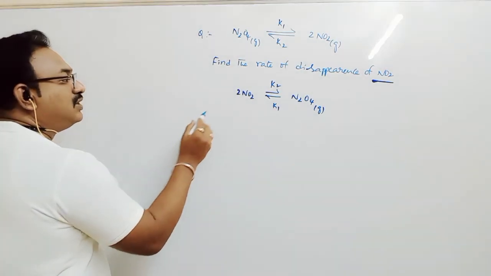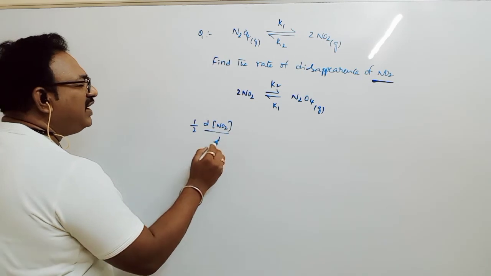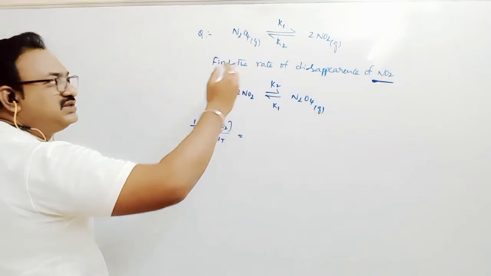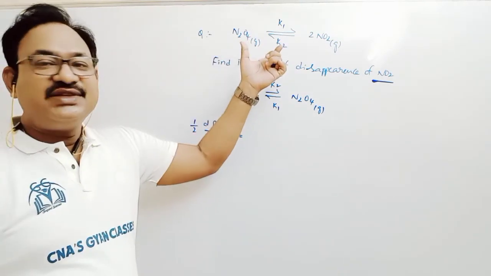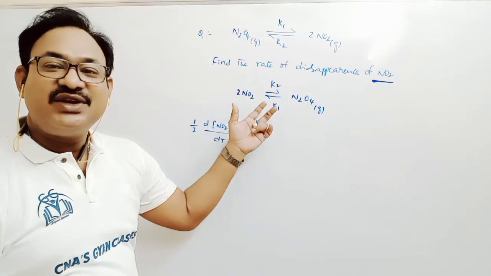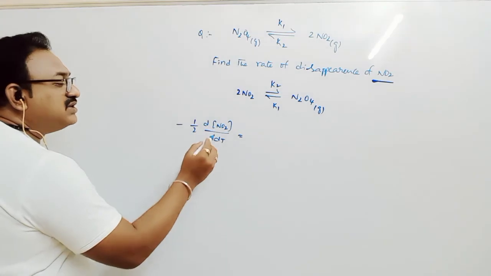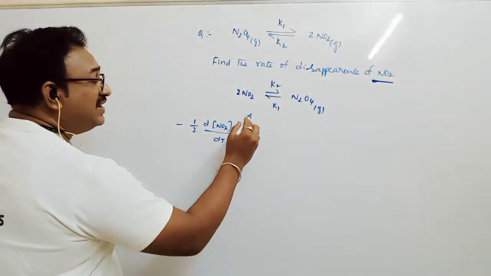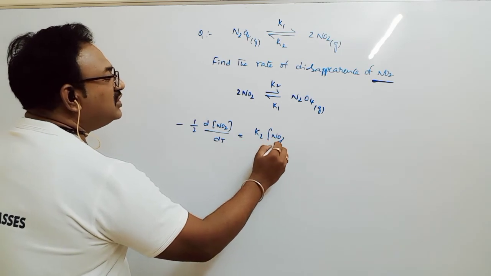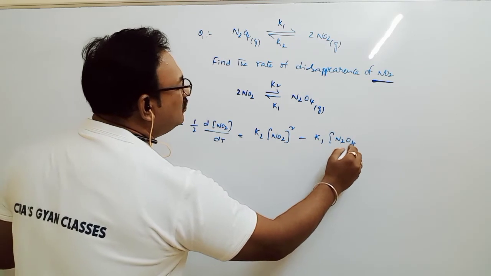Now, half into d concentration of NO2 by dt. See, the question is given like this, but he is asking rate of disappearance of NO2. That's why I just made the equation in reverse way. So now minus half into d concentration of NO2 by dt is equal to K2 into concentration of NO2 power 2 minus K1 into concentration of N2O4.